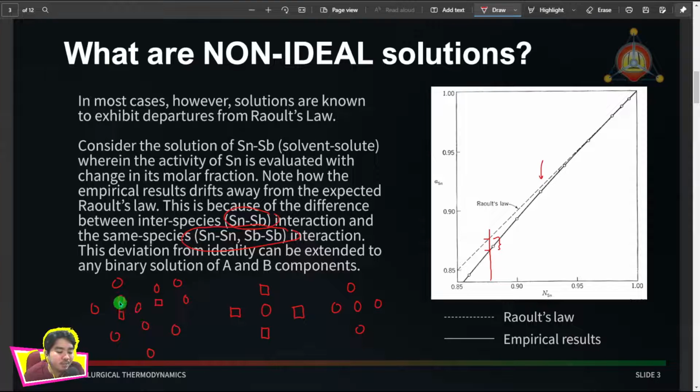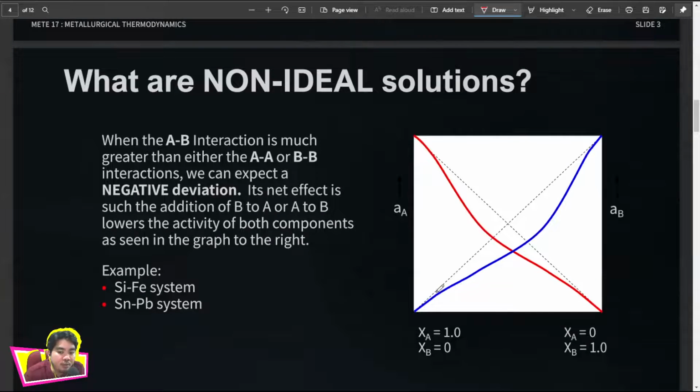So that means the Sb to Sb interaction will be significantly lower as opposed to the tin to Sb interaction. And the tin to tin interaction will be significantly greater because there is more tin to tin. Okay? So all of those differences will contribute to the non-ideality of our solutions.